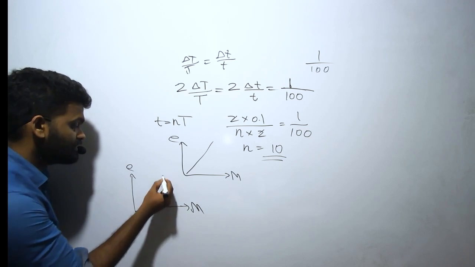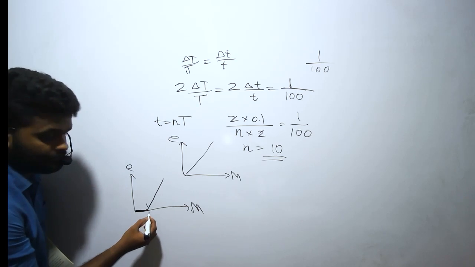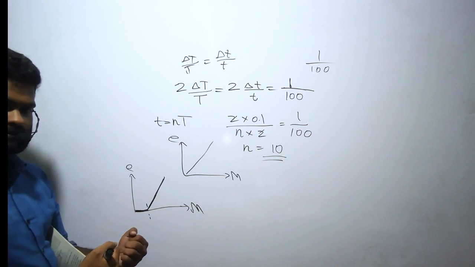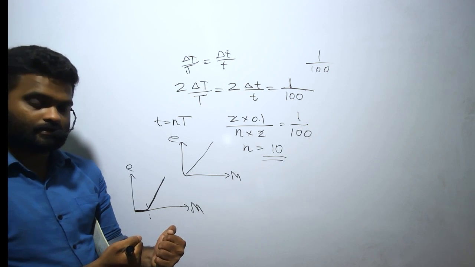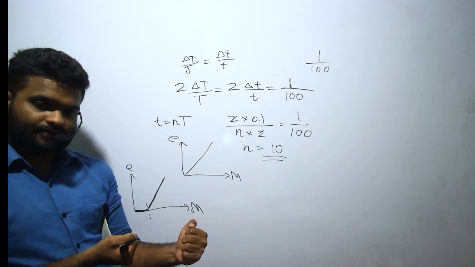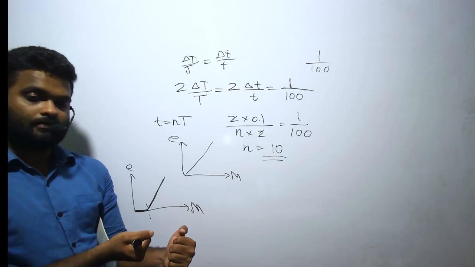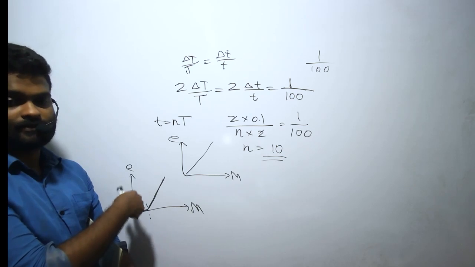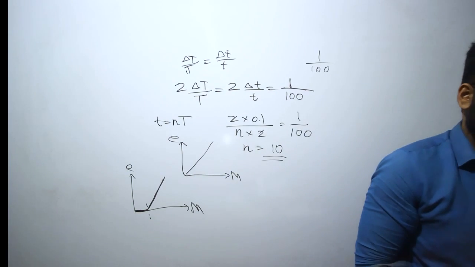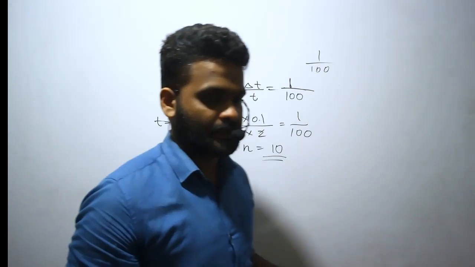But the extension occurs after a certain value of capital M. If you have experienced a brand new spring, even though we apply force, there's no extension initially. Extension is 0. So the graph should be like this. Okay, just draw that one.